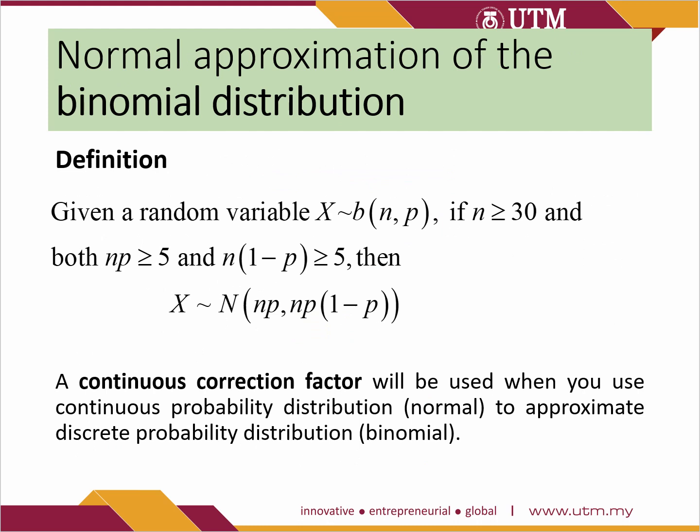So given that our random variable follows binomial(n, p), but if n is greater than or equal to 30, np is greater than 5 and n(1 minus p) is greater than 5, then X will follow a normal distribution, given that your mean is obtained from np and your variance is obtained from np(1 minus p).